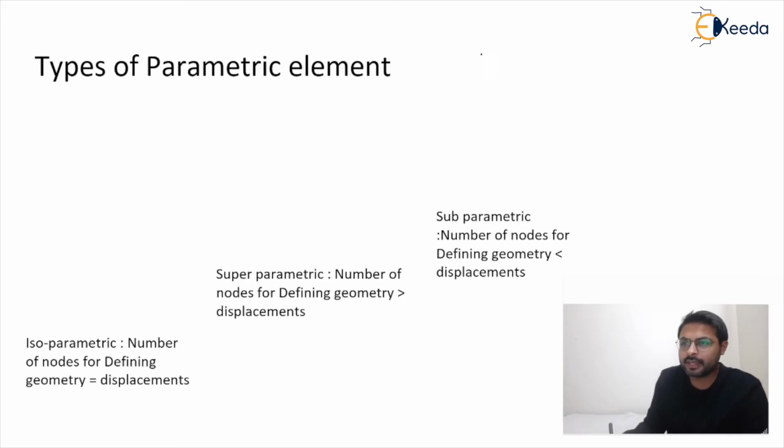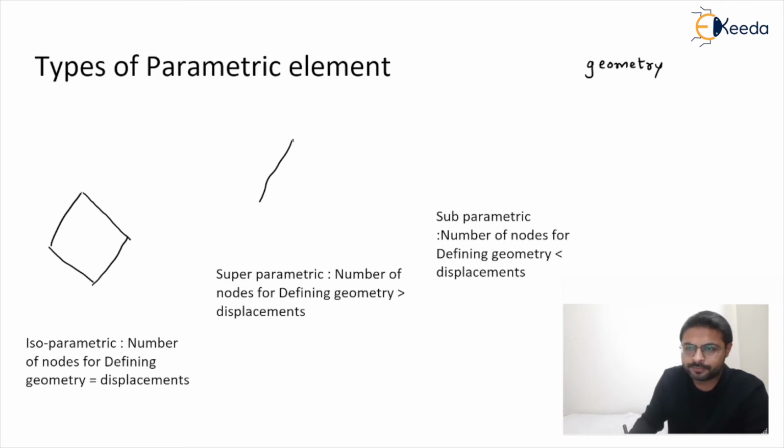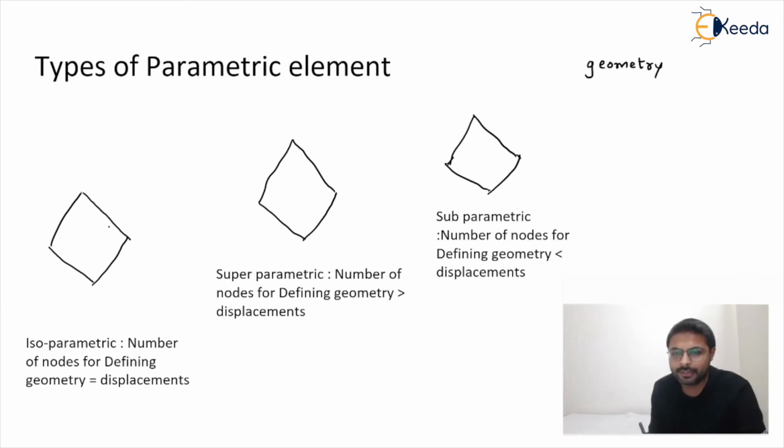For example, I have a diamond shape geometry, which can be represented like this. Now I am indicating it by the number of nodes. For example, it has 8 nodes.